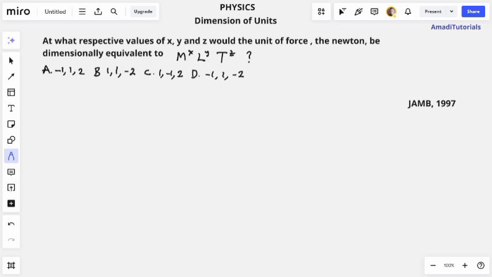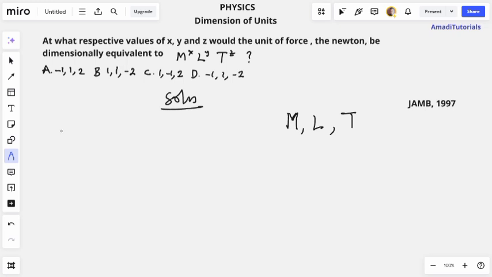So this question is asking us to find the dimensional unit or dimensional formula for force. Remember, when it is said that we should find the dimensional unit of a particular physical quantity, what they are asking us to do is to find how the units relate to these three basic fundamental quantities, which are mass, length, and time.